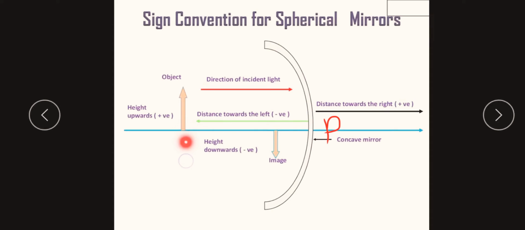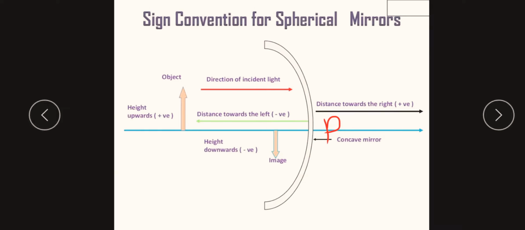If the measurement is upward from the principal axis, it is taken positive. If the measurement is downwards and perpendicular to the principal axis, then you need to take a negative sign.